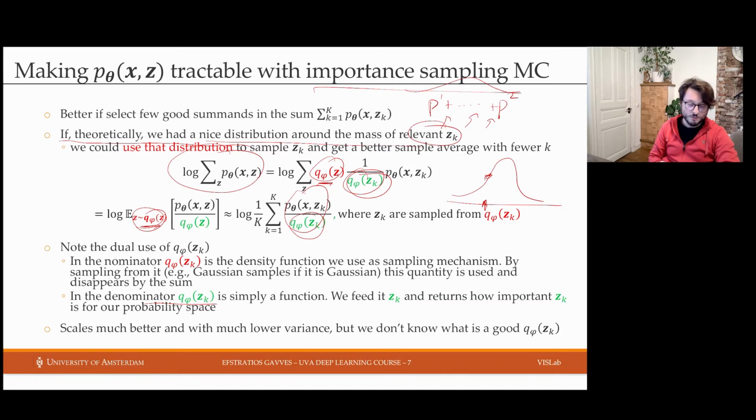To bring some more intuition, if my q phi returns large values, it means that I'm going to sample from it more often, right? So in my Gaussian example, this is the region where I'm going to obtain most of our z's. So if I were to sample, most of my z's would be around here.